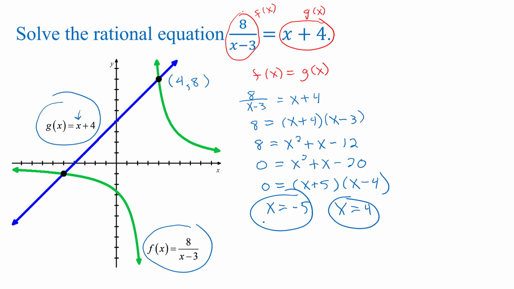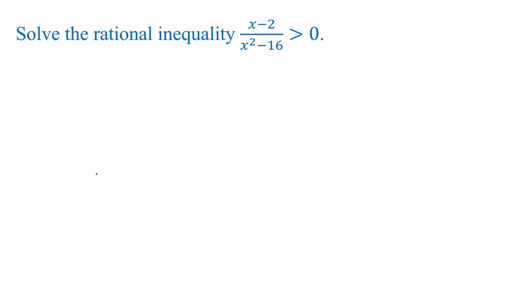And then if we look at our x value of negative 5, notice that at x equals negative 5, the two graphs intersect. The y-coordinate there would come from taking negative 5 plus 4 to give us negative 1. So we have our 2 points of intersection. The actual solutions are the x values, and so would be x equals negative 5 and x equals 4. Hopefully that makes sense. Let's go on to solve an inequality.